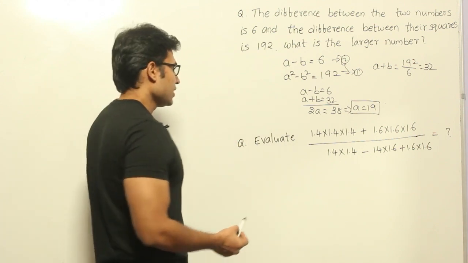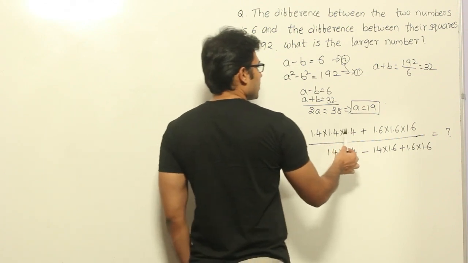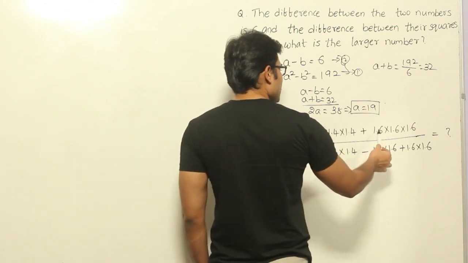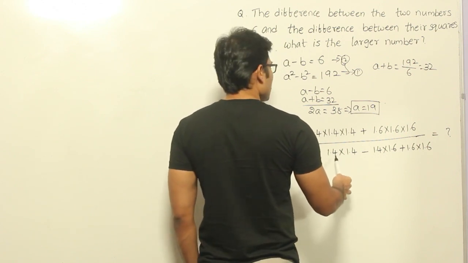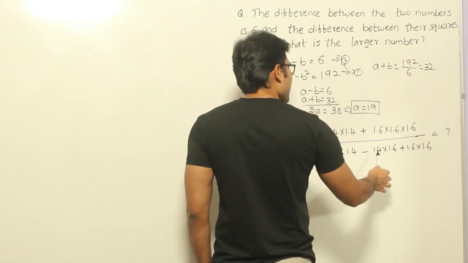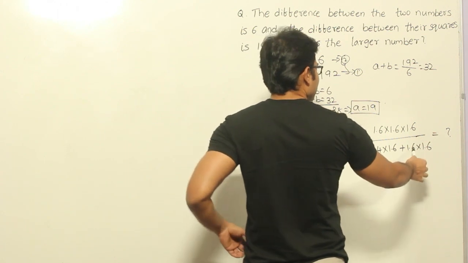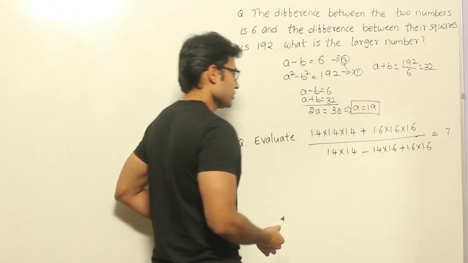And the next one is: evaluate 1.4 into 1.4 into 1.4 plus 1.6 into 1.6 into 1.6, divided by 1.4 into 1.4 minus 1.4 into 1.6 plus 1.6 into 1.6.